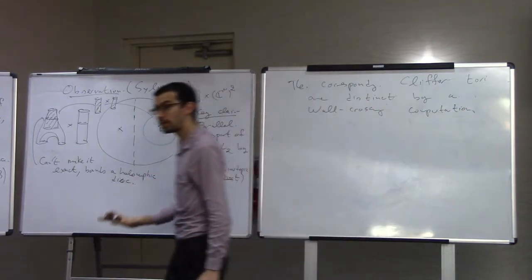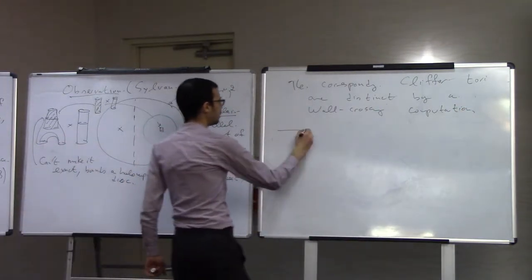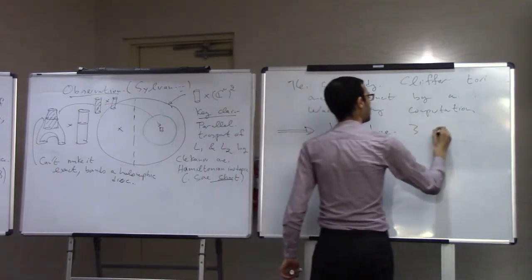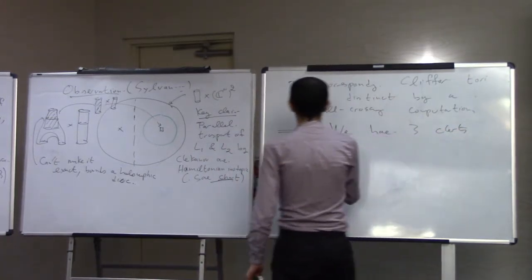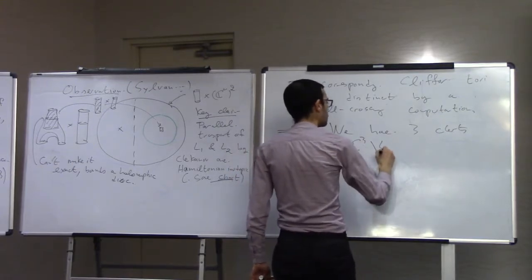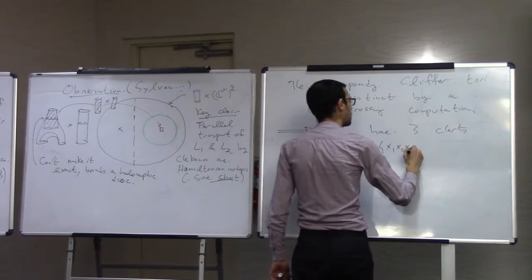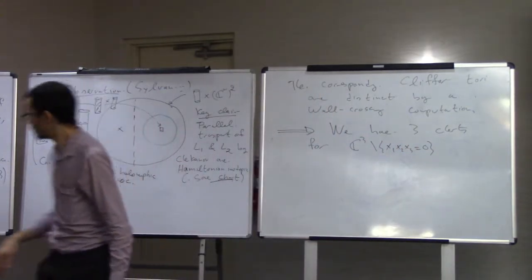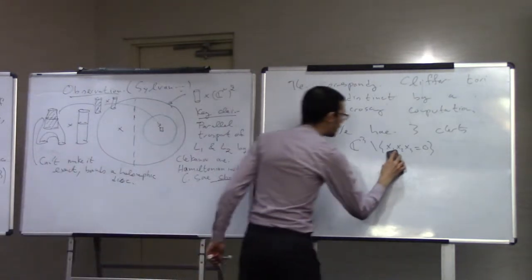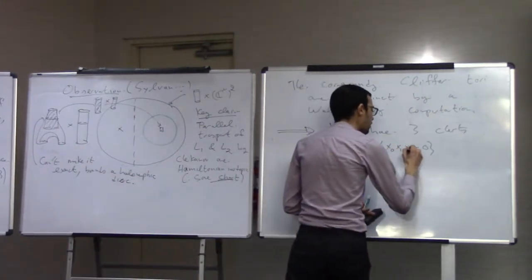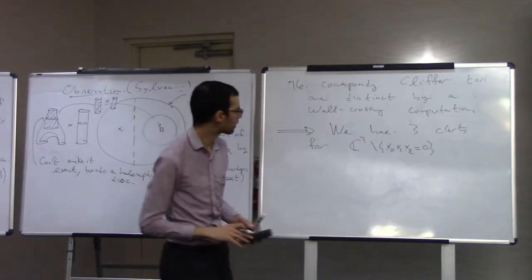And so if you go through this, the outcome is that we have 3 charts for C3 minus the locus where x1, x2, x3 equals 0. And at this stage, I decide to change my labeling and call this x0, x1, x2. I apologize for that.